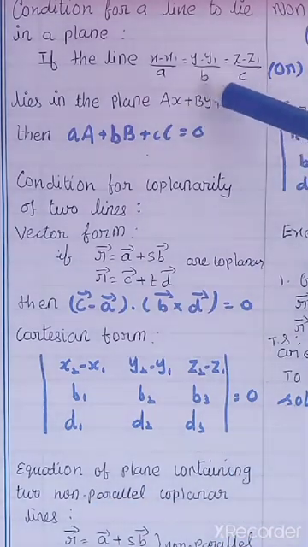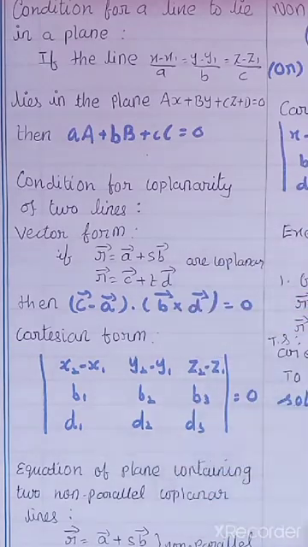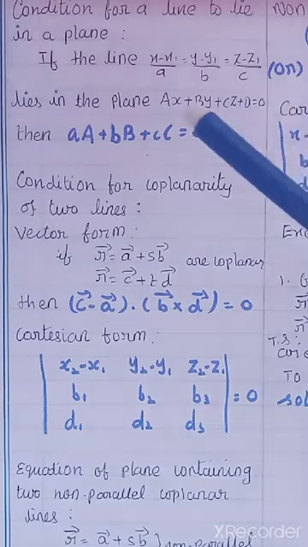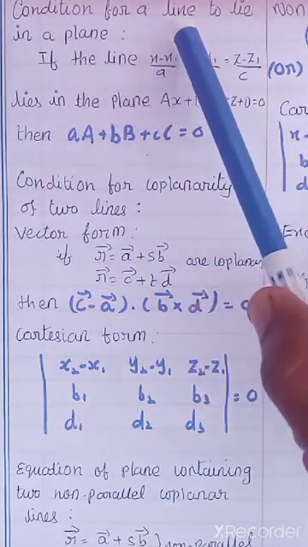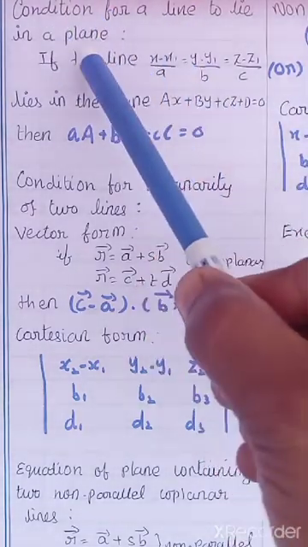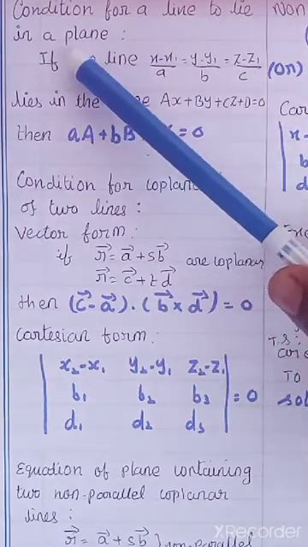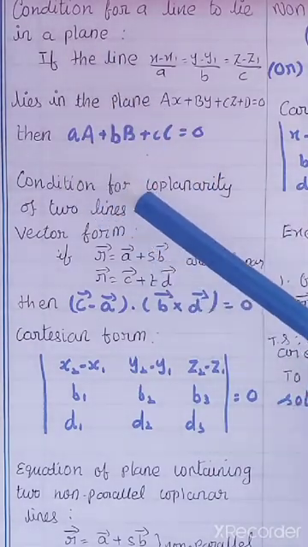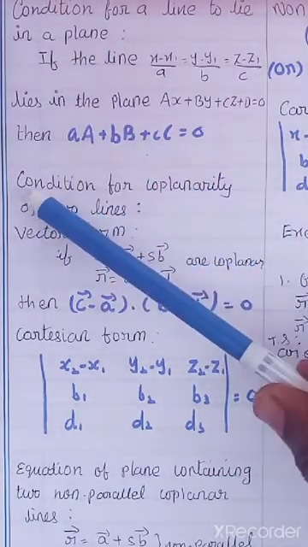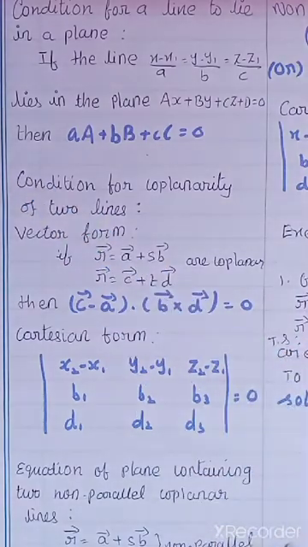Okay, so these are the 3 headings we are going to see today. So what will be the first one? The condition for a line to lie in a plane is your first condition. Coplanarity of 2 lines is the second condition, and the non-parallel coplanar condition will be your third one.